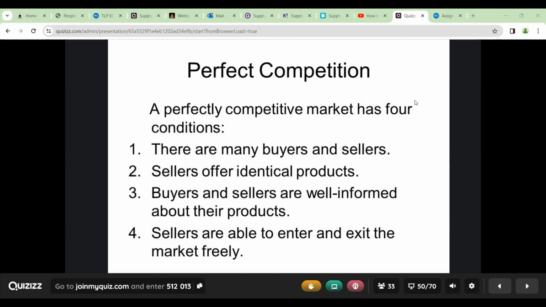So if you were investing, you would want to invest in a monopoly or an oligopoly because you want companies in industries that don't have a lot of competition, because they can set their price wherever they want and maximize profits. One of the best investments is a monopoly or an oligopoly.